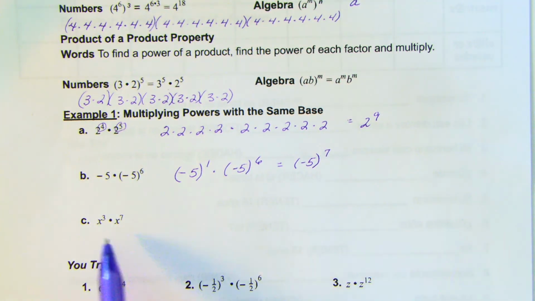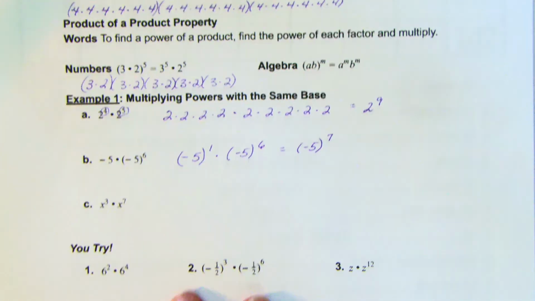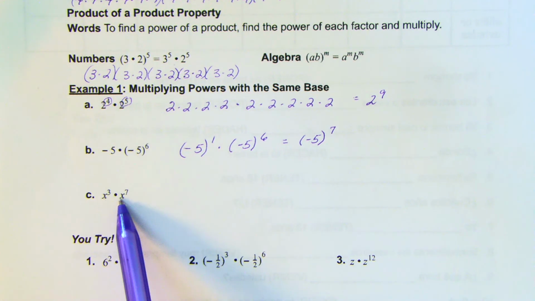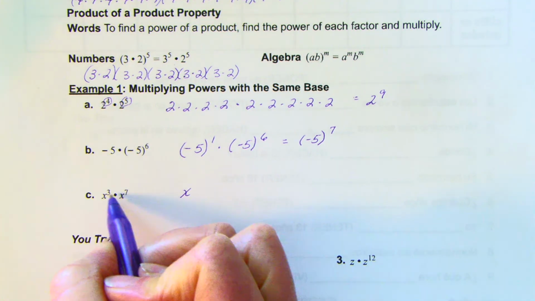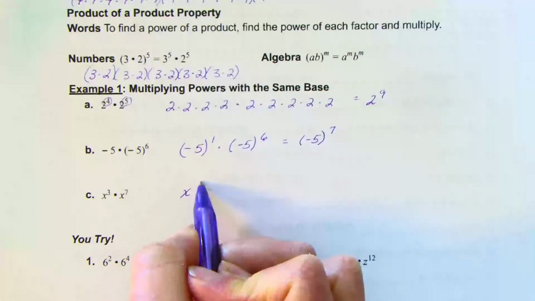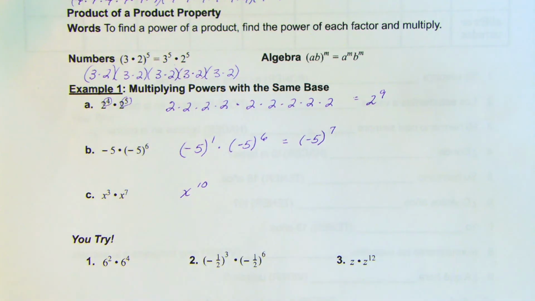All right. And then for a variable, it works the same way. I still have the base of x, so I can have x to the 3 plus 7 power, which is x to the 10th. All right. You have 3 Try It problems. There's nothing tricky in there.